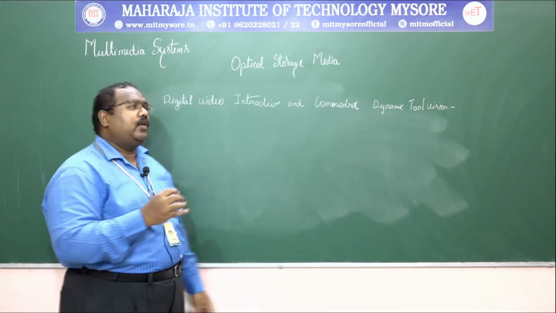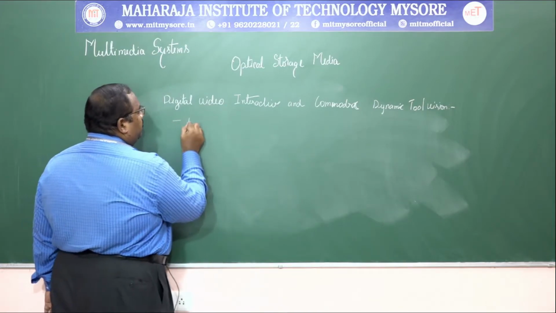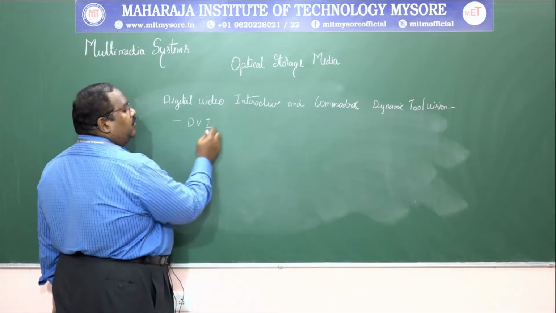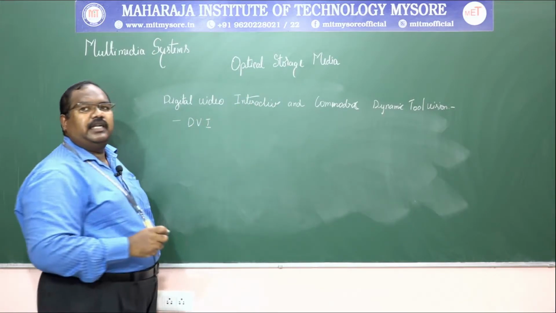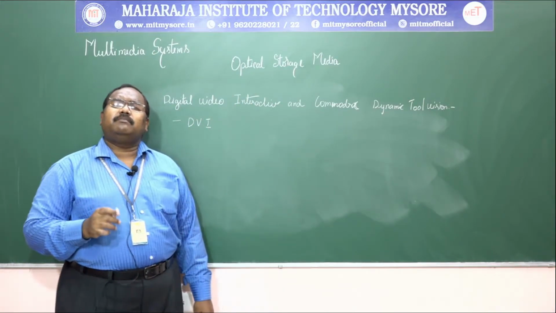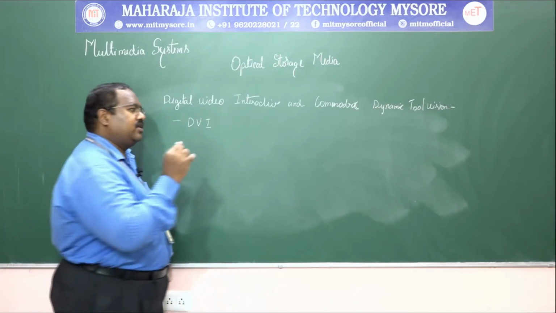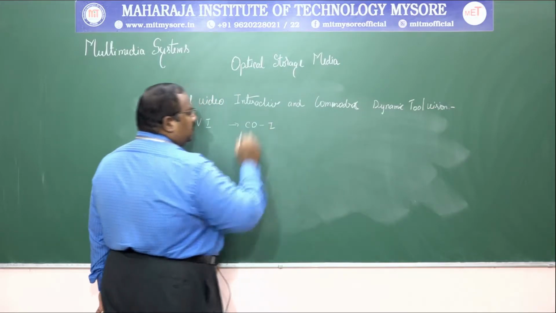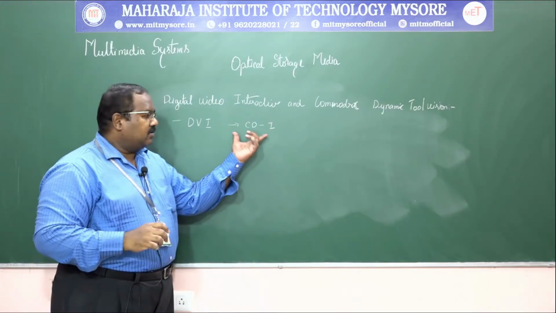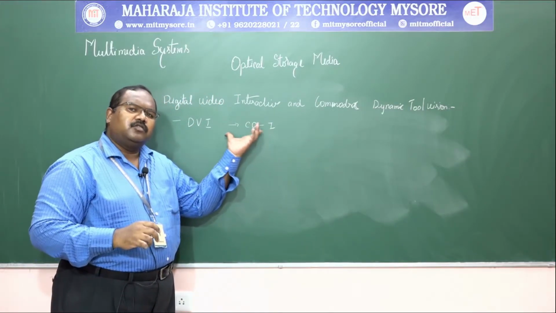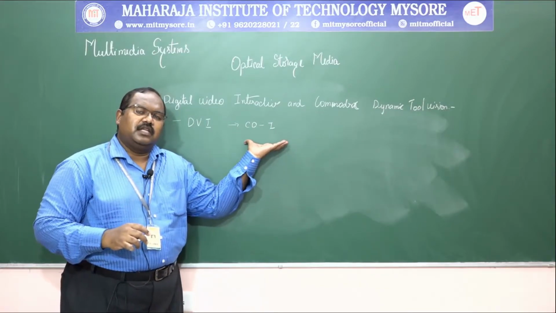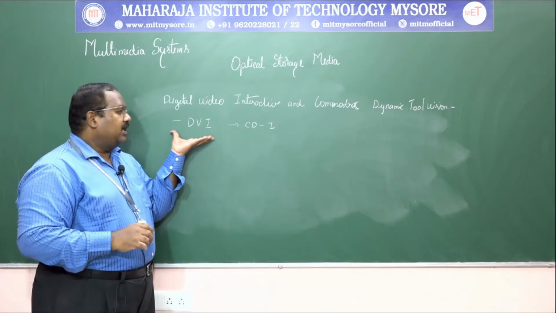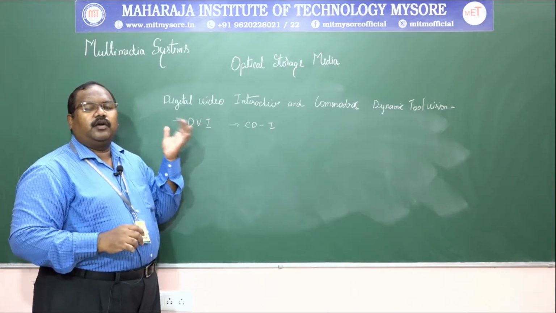Digital video interactive, we call it DVI, or DVI devices. It uses specifications like those of CDI. You know that CDI is compact disc interactive. Most of the specifications of CDI were derived or used with the DVI, that is digital video interactive.